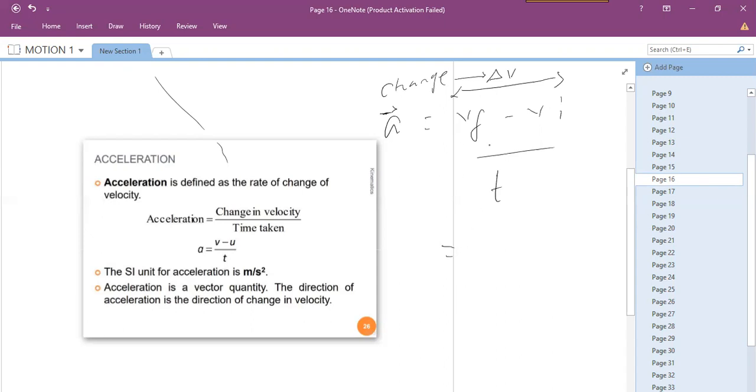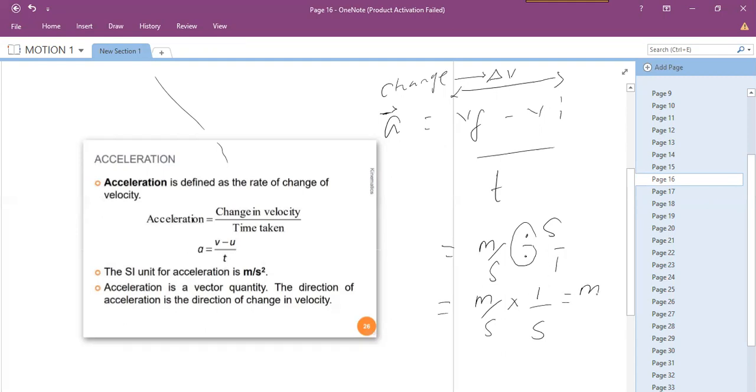So the SI unit for velocity is meters per second divided by time in seconds. So if you use your concept of mathematics here, every time you are dividing something, it will be meter over second multiplied by 1 over second. When you are dividing, you exchange the denominator for the numerator.